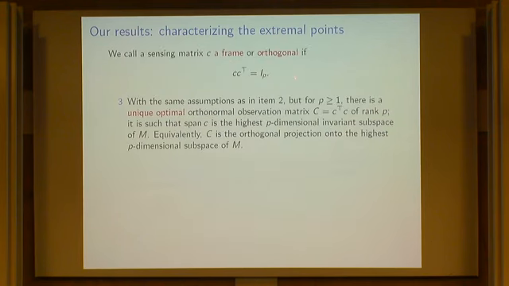Now in the P sensor case, we can still show there exists a unique optimal observation matrix. Moreover, it will correspond to the highest p-dimensional invariant subspace of M. So in the case P equal 1, by the way, this also holds.